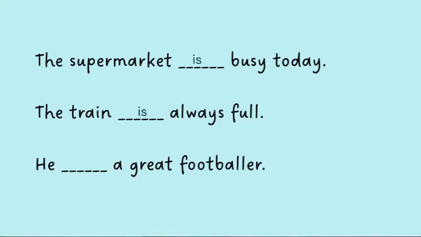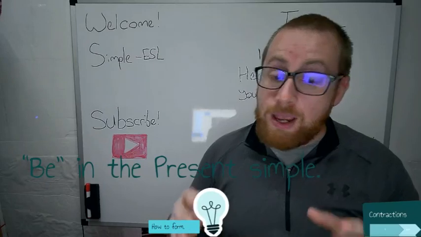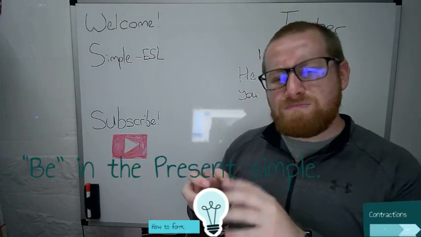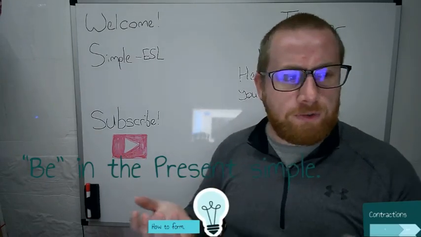He, a great footballer. Messi, Ronaldo. He are, he am, it is. He is a great footballer. If you would like more practice with this, they are available in the worksheets. There's a few more examples and things you can work through.